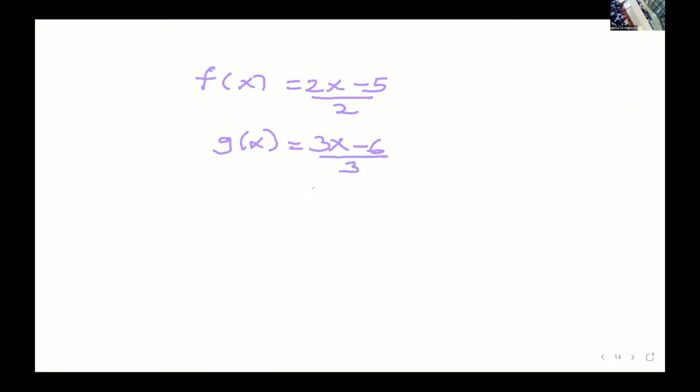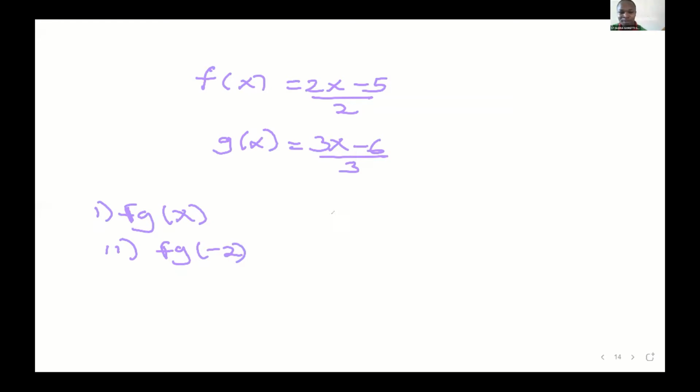Roman 1: find f of g of x. Then Roman 2: find f of g of negative 2. Yeah, that's all. Thank you.